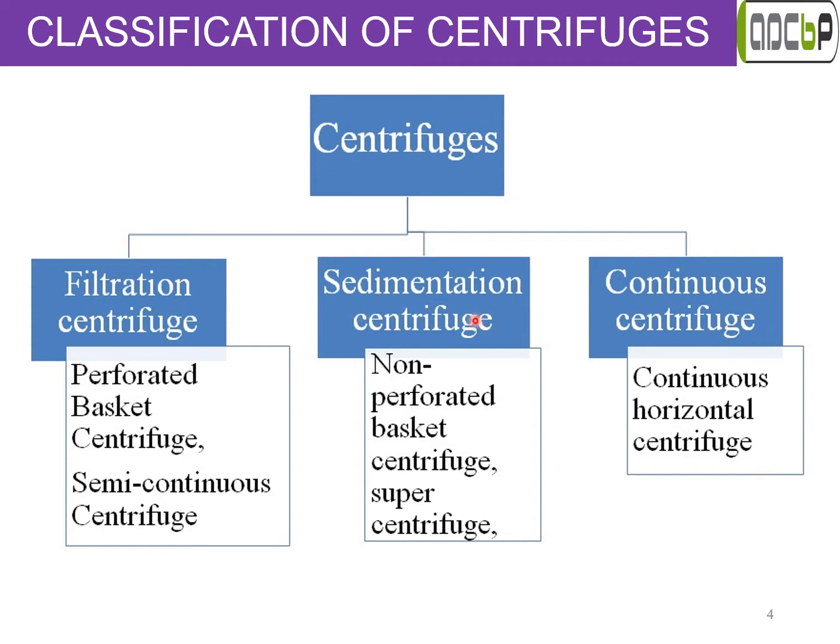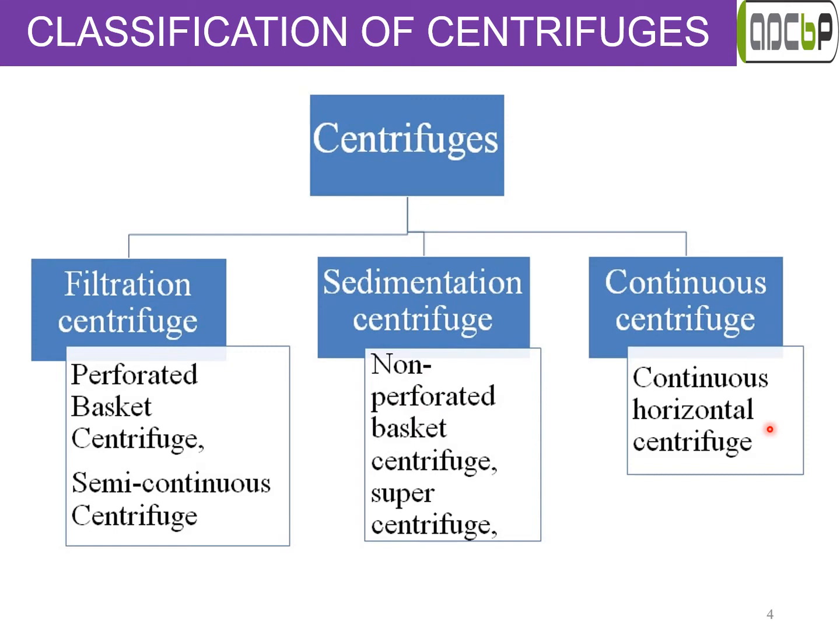The second type is called sedimentation centrifuge. As the name suggests, they work on the principle of sedimentation, that is settling on the basis of size and density of the settling particles. They contain baskets which are non-perforated, so there are no perforations and the separation is due to sedimentation.